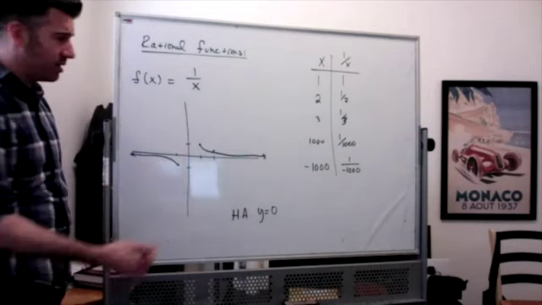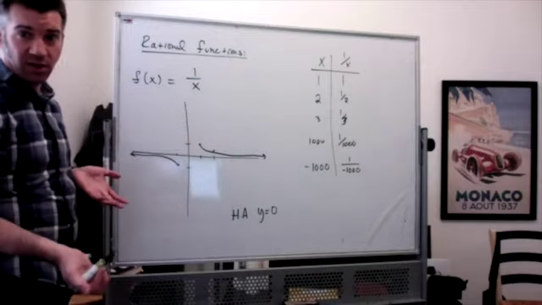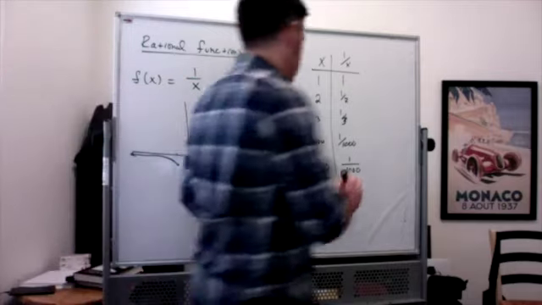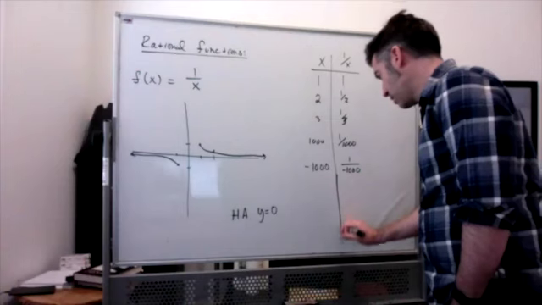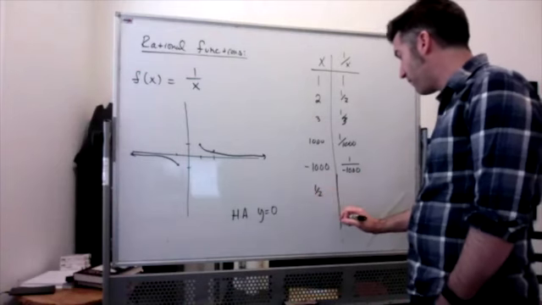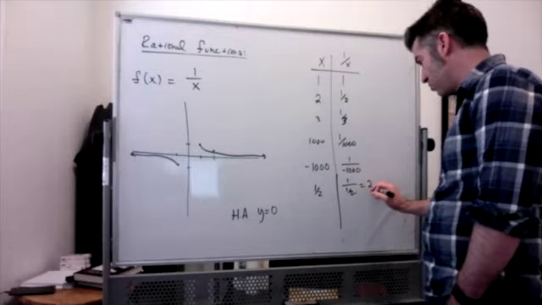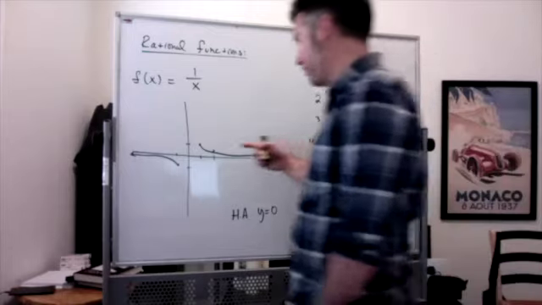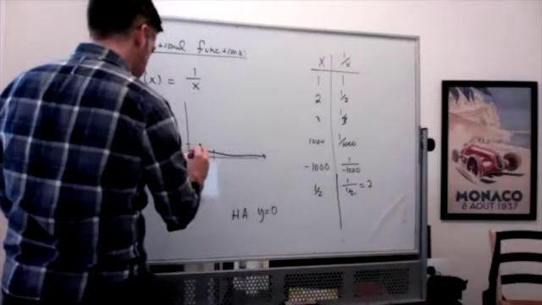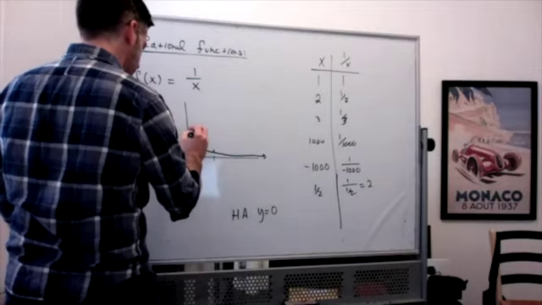Okay, well, what happens as we move in? What if we get really, really close to 0? Well, if x is, say, 1/2, y is going to be 1 over 1/2, which is 2. So as we move in, we're actually getting a little bit bigger. There's 1/2, there's 2.